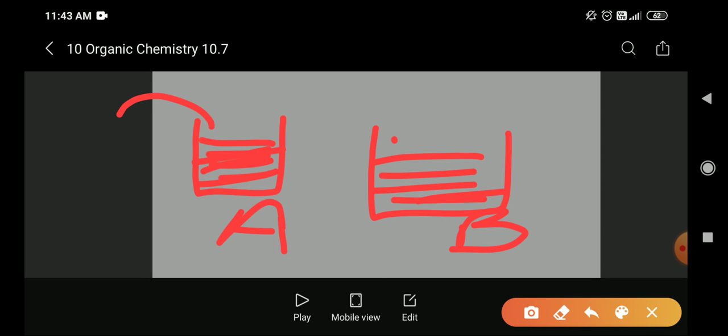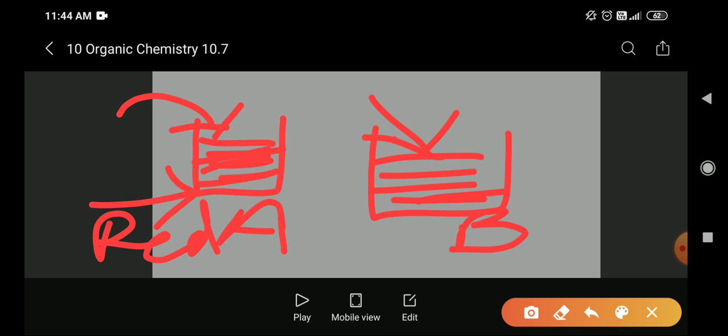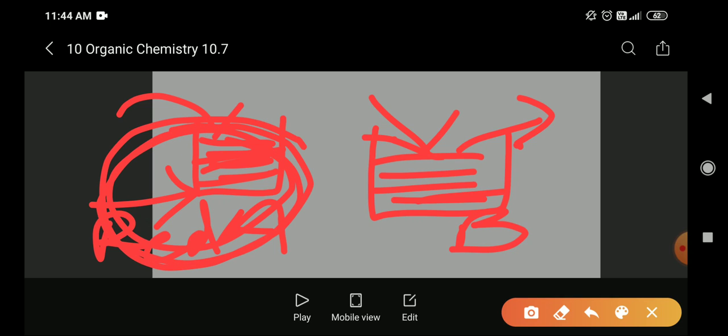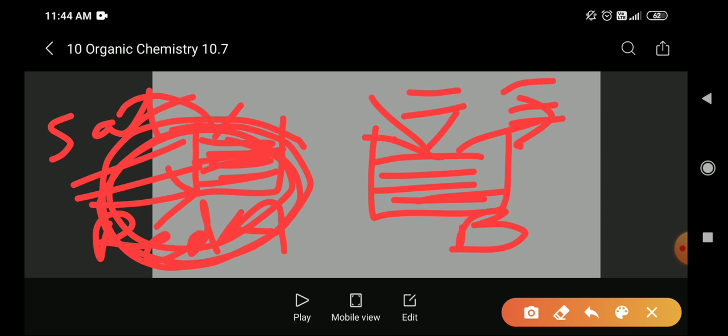If I add bromine water in the presence of carbon tetrachloride, and the red color of the bromine water remains as it is here, and here the color becomes colorless, that means the compound in jar A is a saturated hydrocarbon, while jar B is unsaturated. That means a double bond or triple bond hydrocarbon must be present.